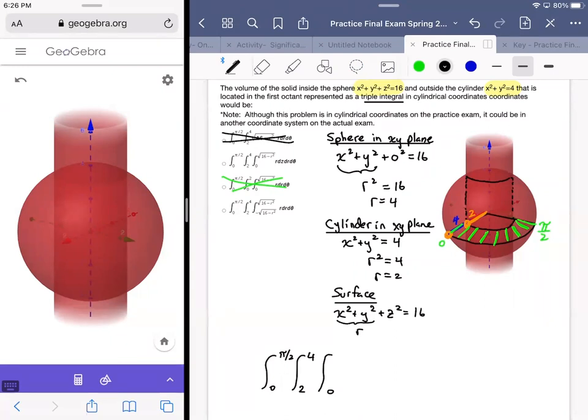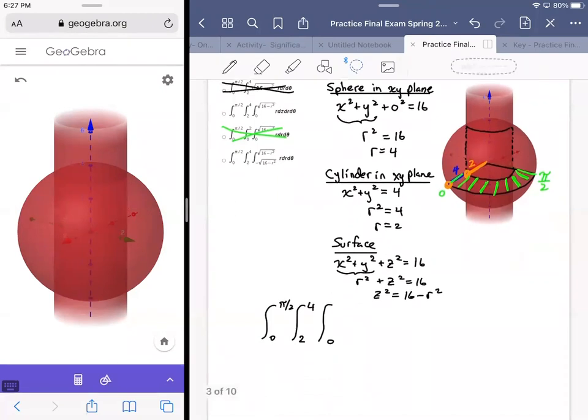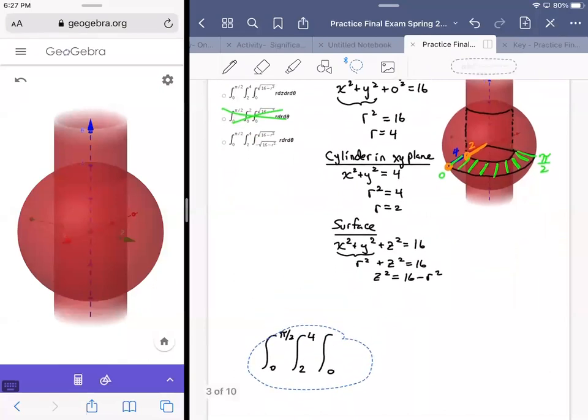This again is the same as r squared. So z squared is equal to 16 minus r squared. And then we could say that z, because I only care about the top side of it, first octant, z is equal to the square root of 16 minus r squared.